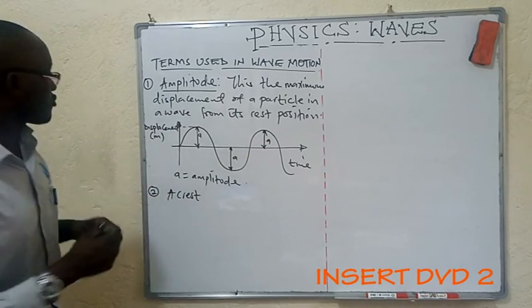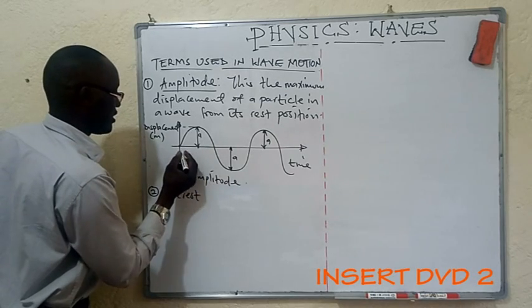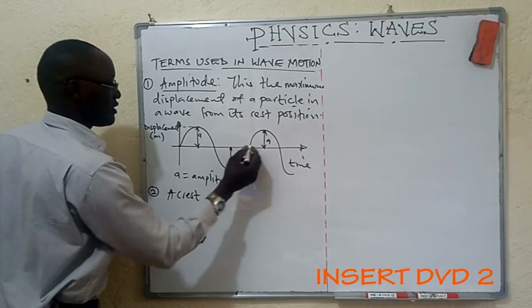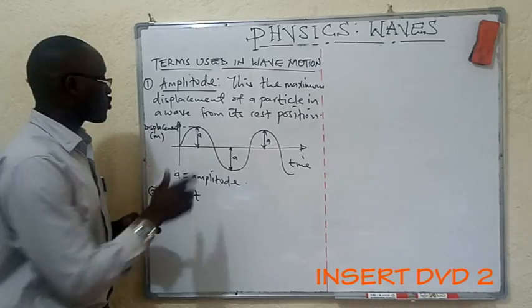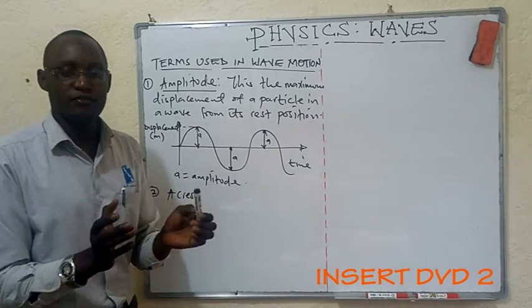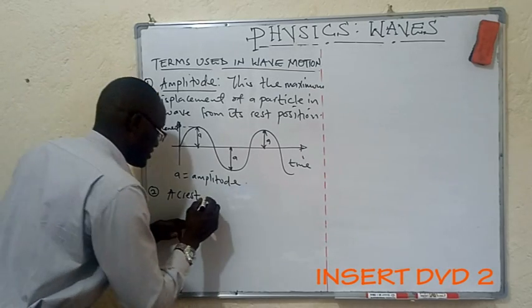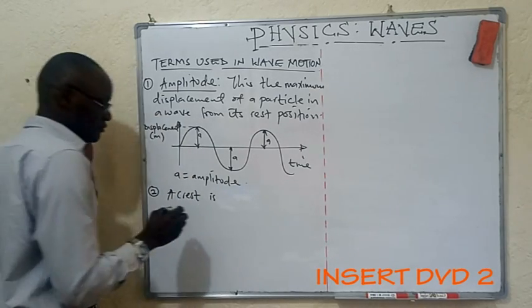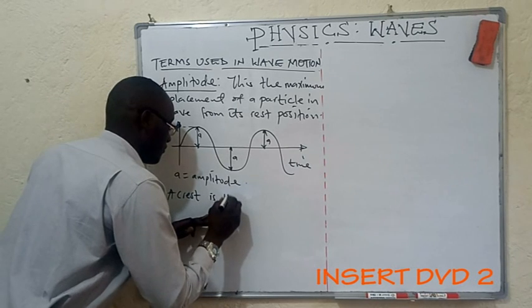A point of maximum. So the whole of this is a crest. This is a crest. This is also a crest. So two crests are forming what we call a cycle of a wave.